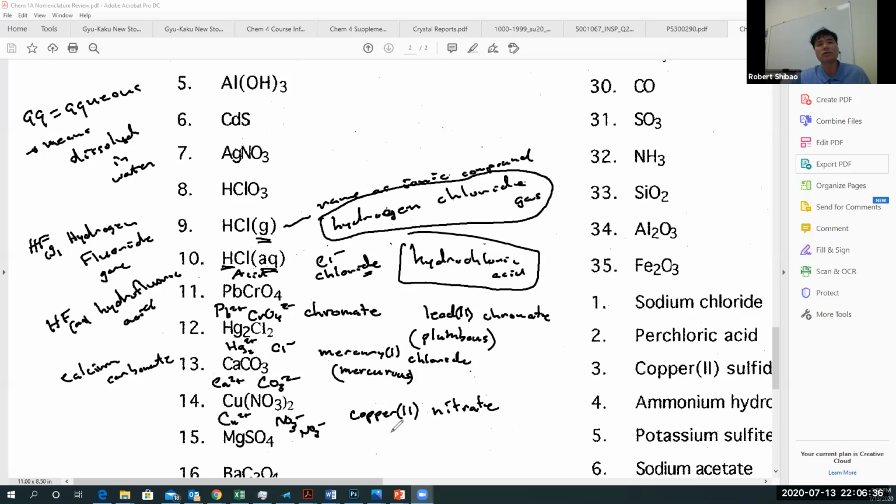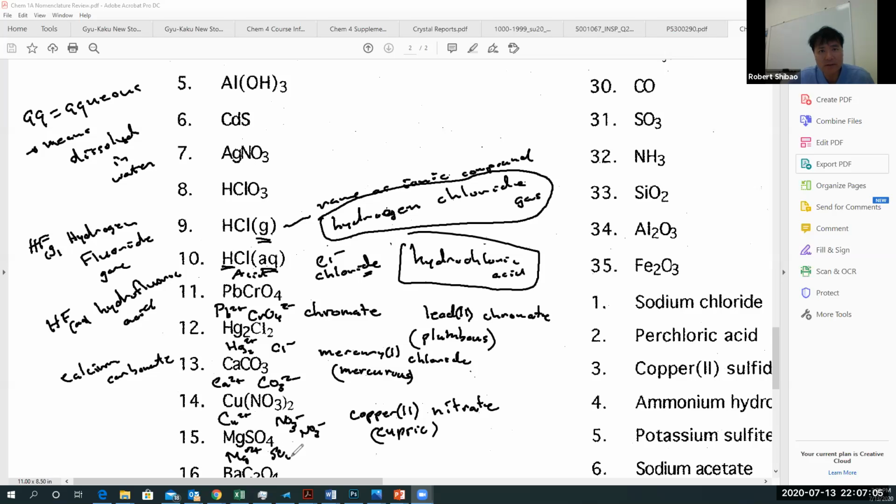Or copper 2 nitrate. So you can write that out there. Is 2 the higher or the lower charge? Higher. So this is also named as cupric nitrate. It's higher charge.